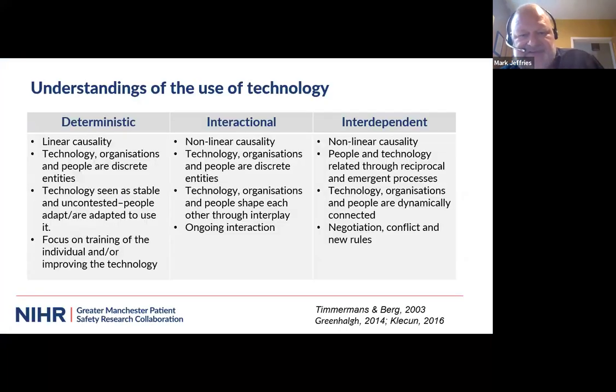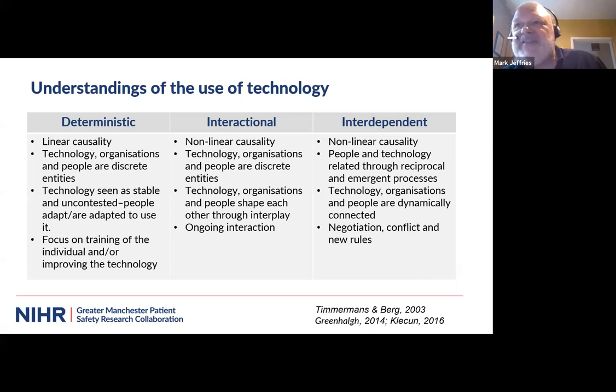This is one of many descriptions of what we might consider sociotechnical use of technology and understandings of it. The first of those is a deterministic viewpoint.